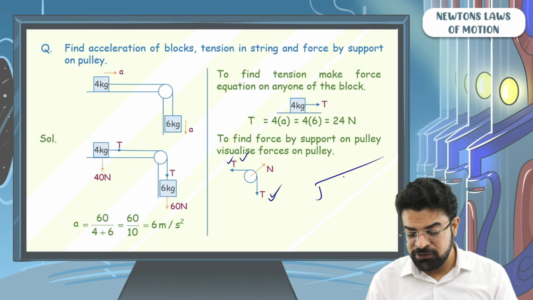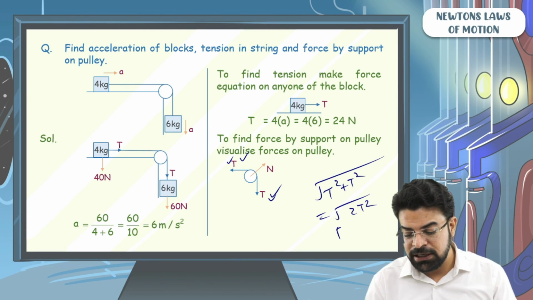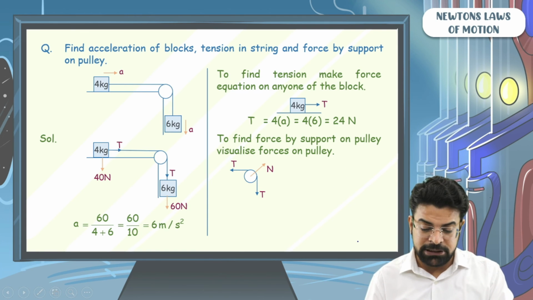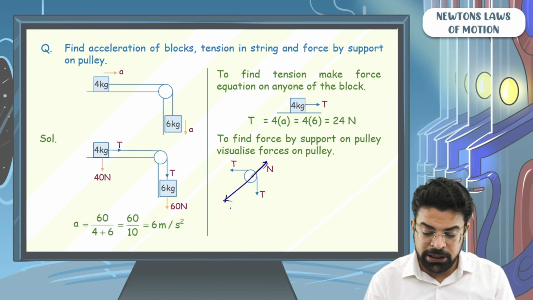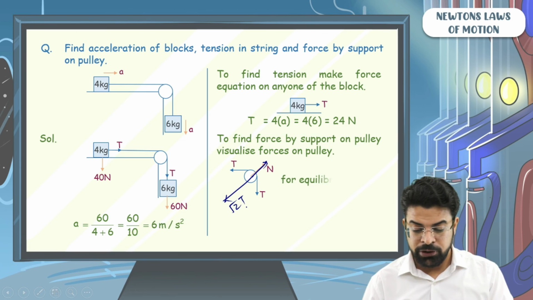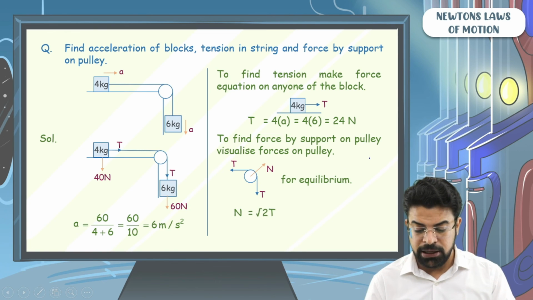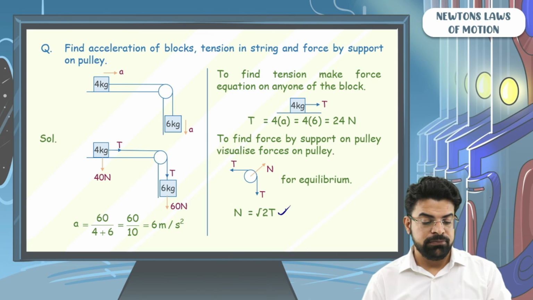So their resultant will be under root of T square plus T square, that is under root of 2T square, that is root 2 T. Hence we can say the force N has to be equal to root 2 T. So for equilibrium, we know that N equals root 2 T.